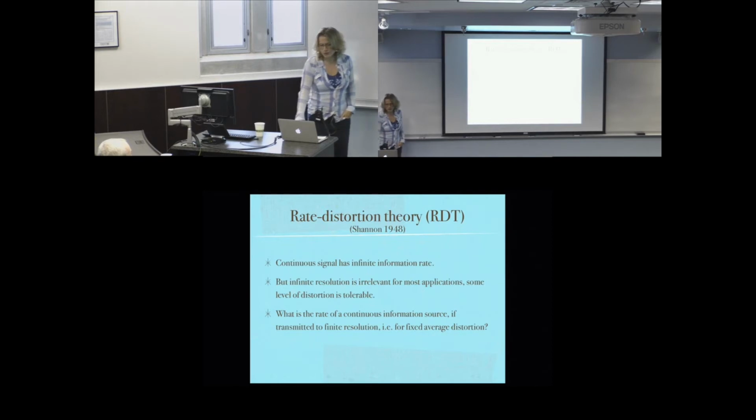So rate distortion theory, the basic idea, I think, that Shannon's discussing in his paper was that a continuous signal really has an infinite information rate, but you don't need infinite accuracy for any reasonable application. You can deal with some level of distortion. So you don't need infinite fidelity. And so the question then really becomes what is the information rate of a source given that fixed level of distortion?